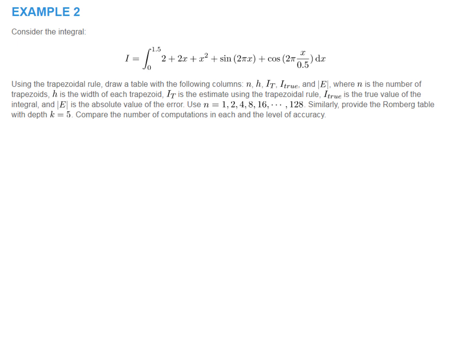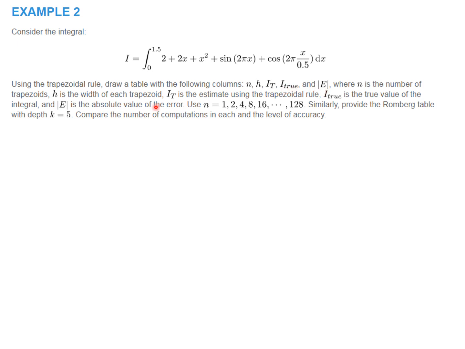All right, we're going to give another example. Here is a function that I'd like to integrate from 0 to 1.5 using the trapezoid rule. We'd like to first use the trapezoid rule, define the number of intervals, the h and the trapezoid rule, and the true value and the error.